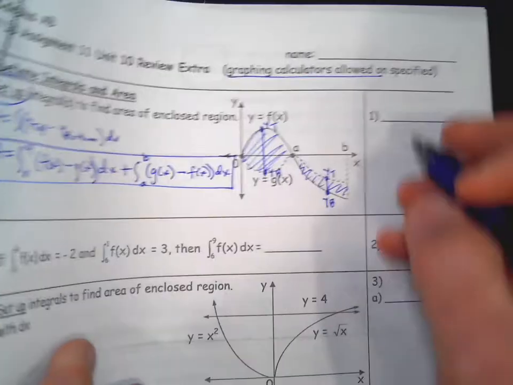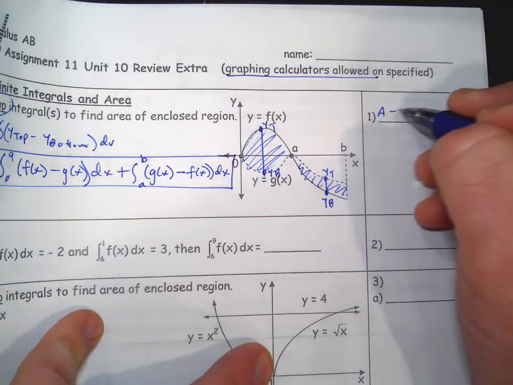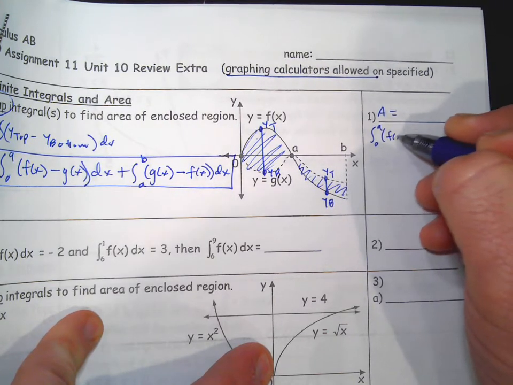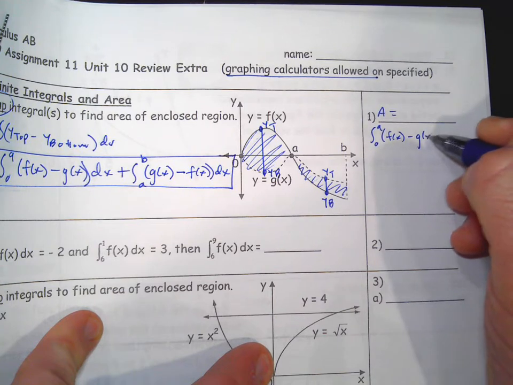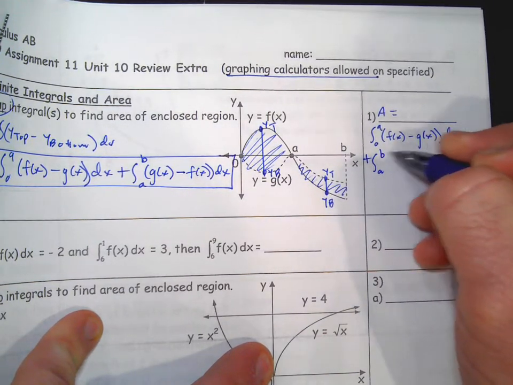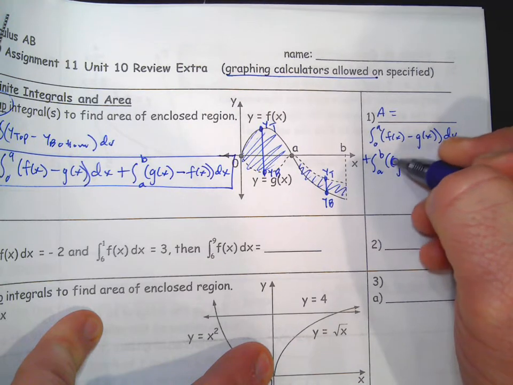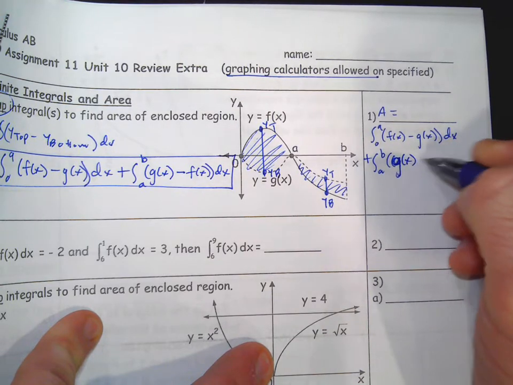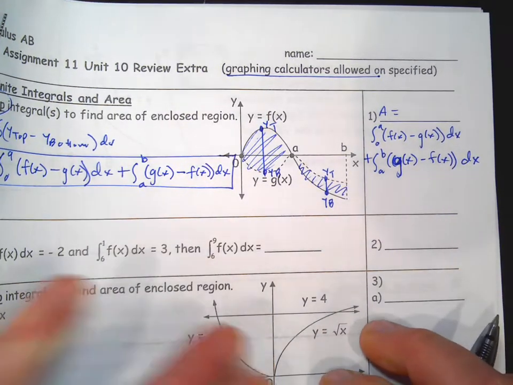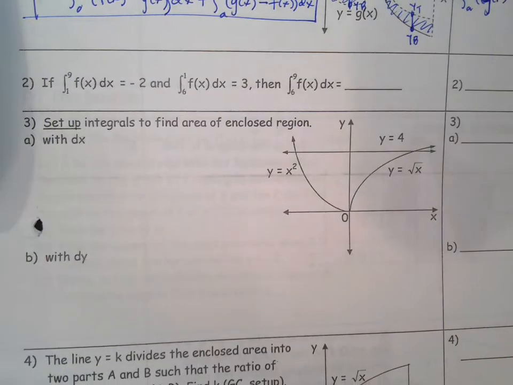So you can write this over here: 0 to a, f of x minus g of x dx plus a to b, g(x) minus f(x) dx. So that's it.